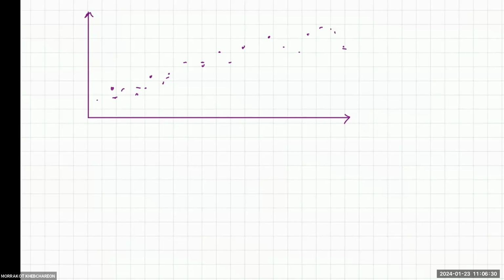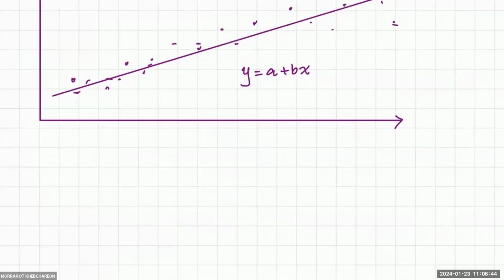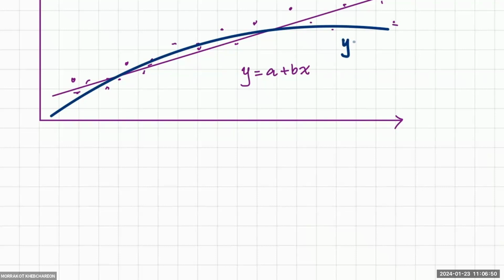If we try to find the least square of a linear fit, we will have the equation y equals a plus bx. But if we want to find a polynomial of degree 3, for example, you're going to have y equals a plus bx plus cx squared.